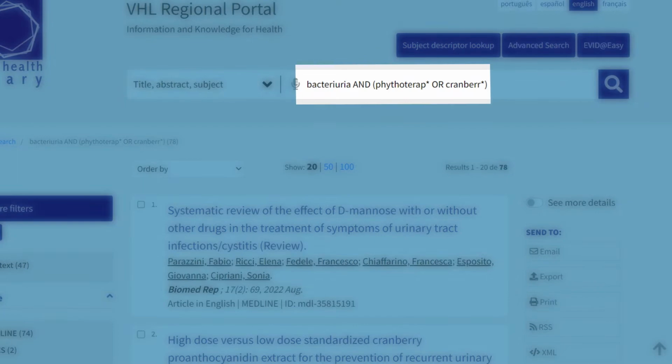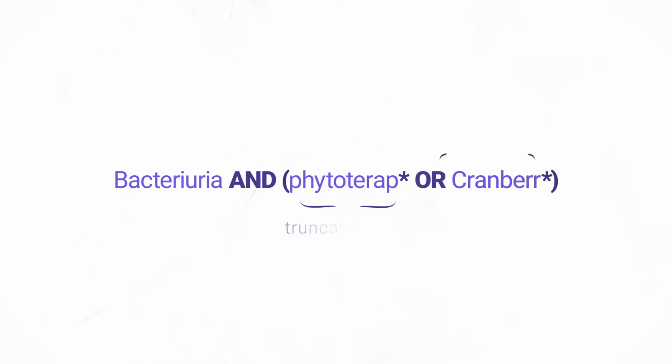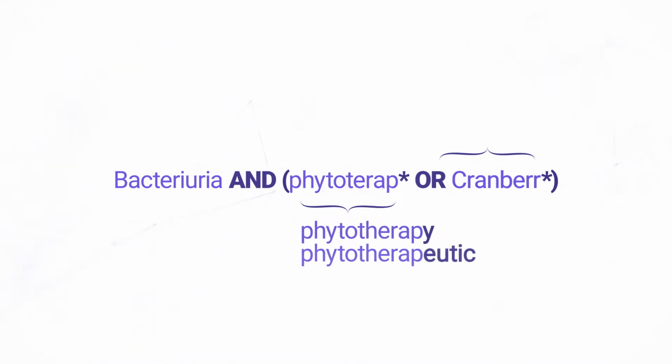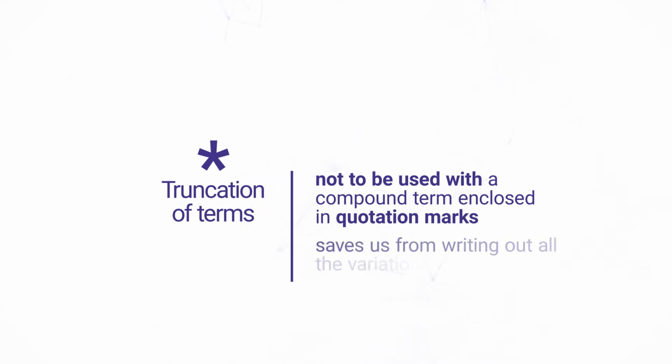The truncation happened in two terms. In this case, the search result will bring the derivations of the two terms in which we apply the asterisk. Example: phytotherapy, phytotherapeutic, cranberry, cranberries, among other variations that may occur. Thus, the asterisk is indicated and useful because it saves us from writing out all the variations of the term.